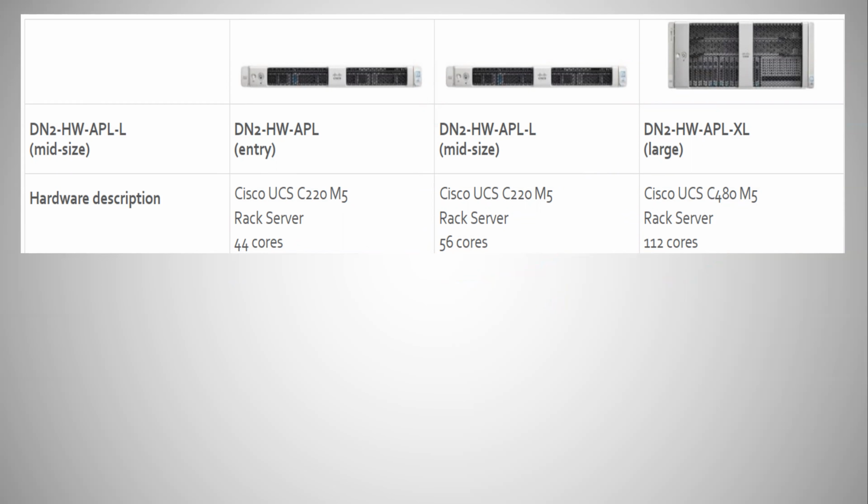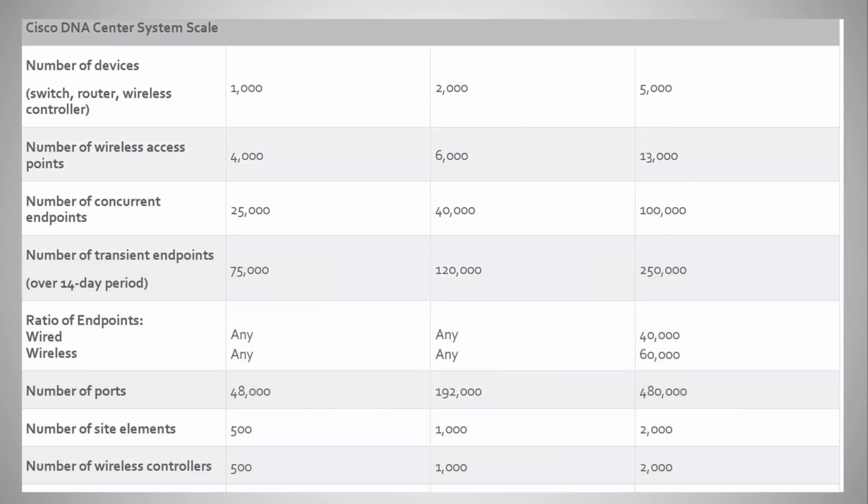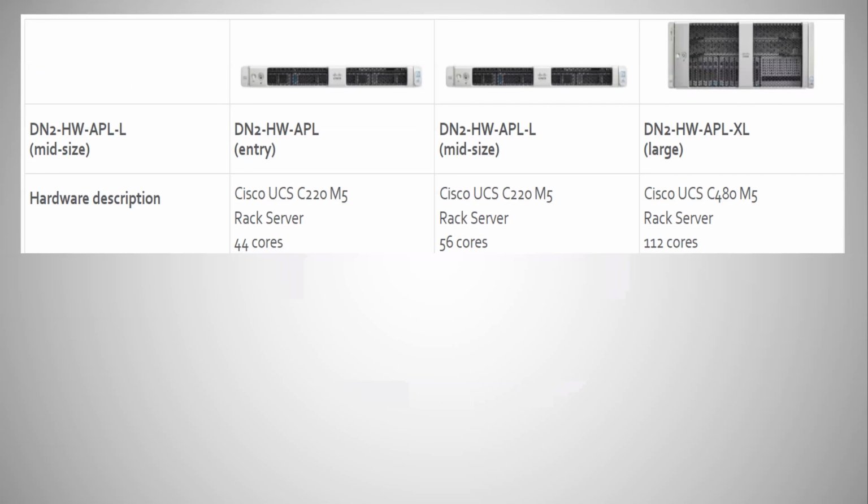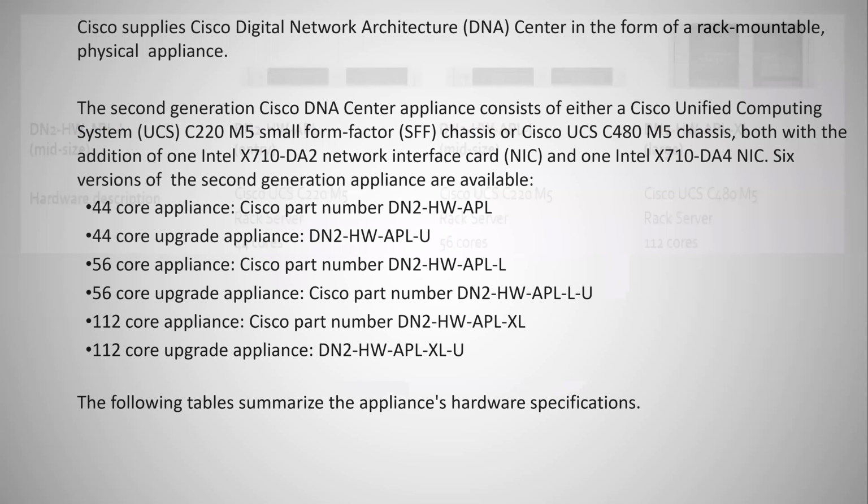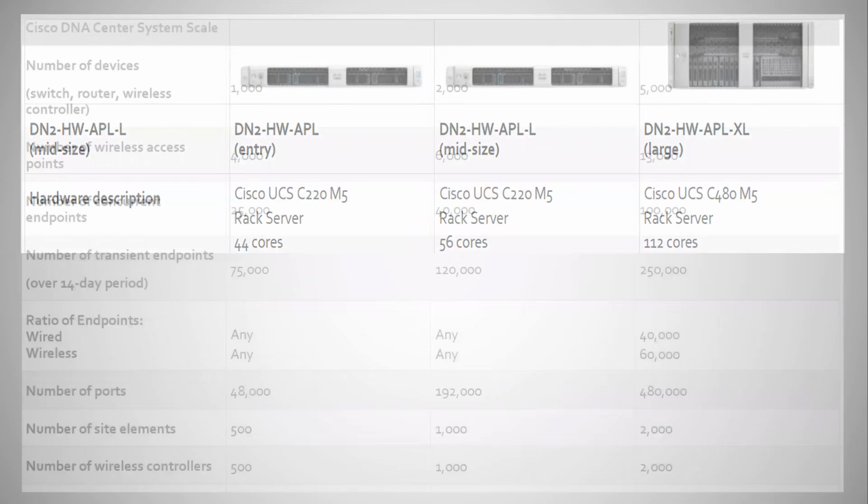Even Cisco's terms and conditions are like this: if you have fewer than 3 controllers, you can't even open TAC cases. They will ask you first, do you have 3 controllers? If no, then we will not support, or if they support, they will provide best effort support. Okay, so these are just the hardware numbers, this type of hardware we have for DNA.